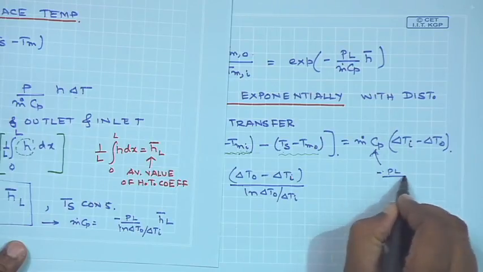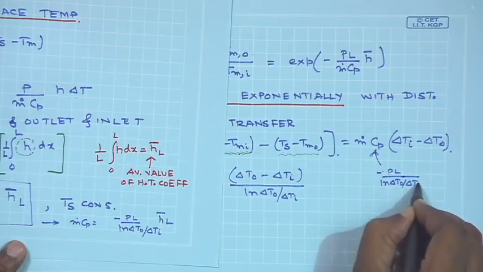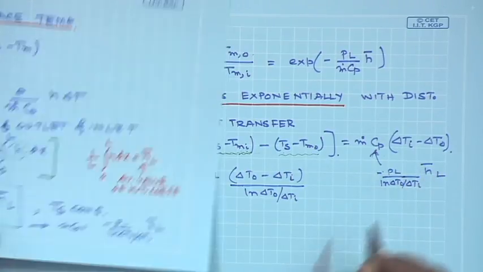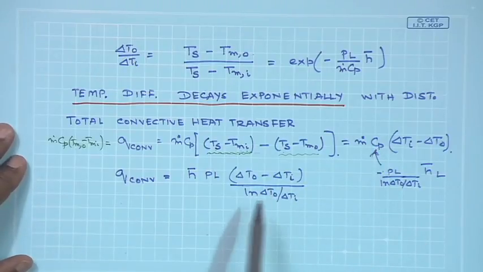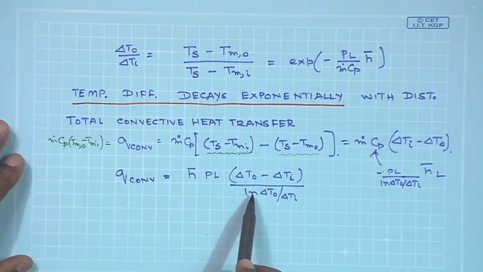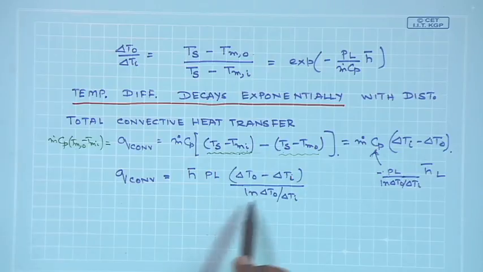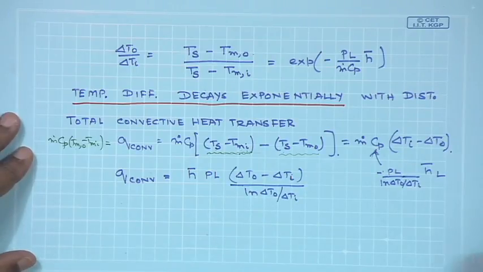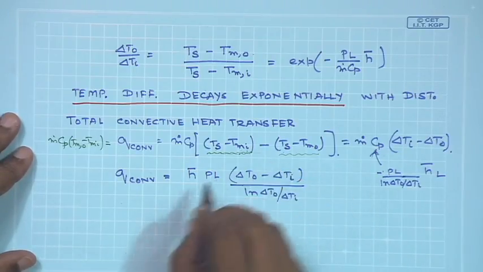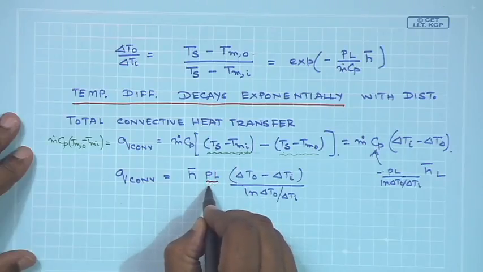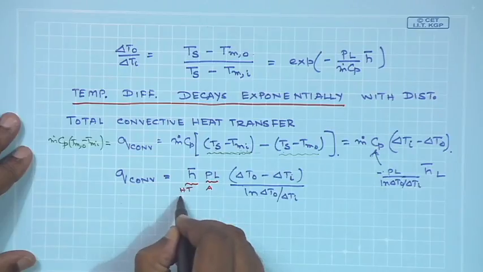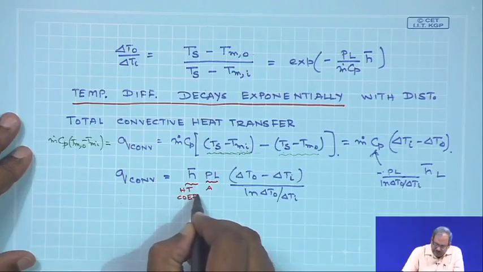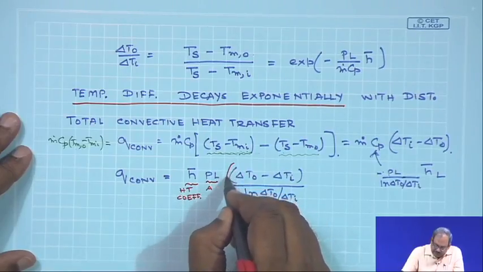Once you substitute this in here, this is what you are going to get, and look carefully over here. This is the area, this is the heat transfer coefficient. What is this?